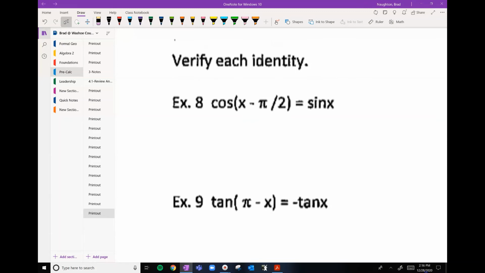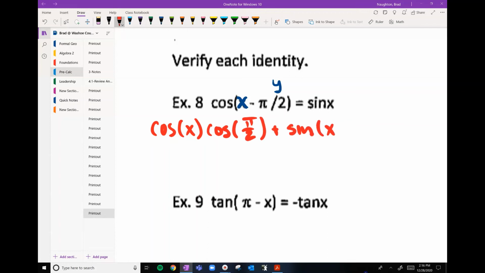So notice I have a cosine of an x, so that's obviously going to be our x term, and then that's going to be our y term, which is our pi over 2. So this is our cosine rule, so we'll do cosine x, and then cosine pi over 2 plus, and then we'll do sine of x, and then sine of pi over 2.